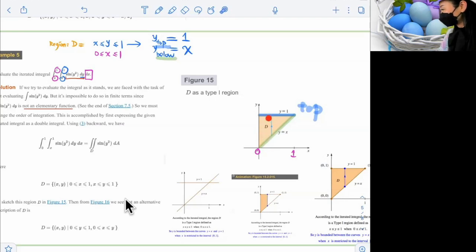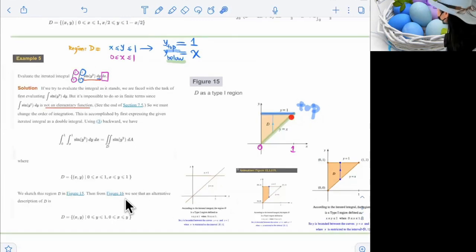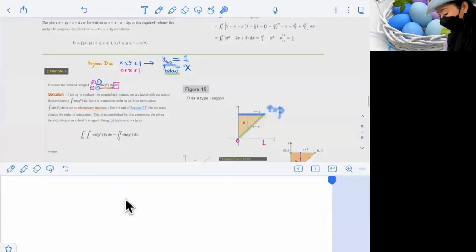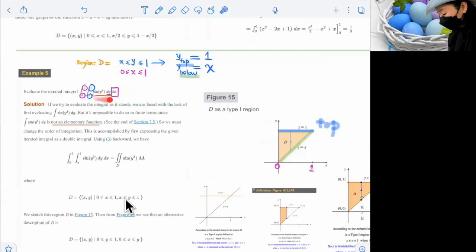So it's very crucial that you can draw the region, because when you change the order of integration, you have to have this region in mind. When we consider this as the type 1 region, we have this integral.